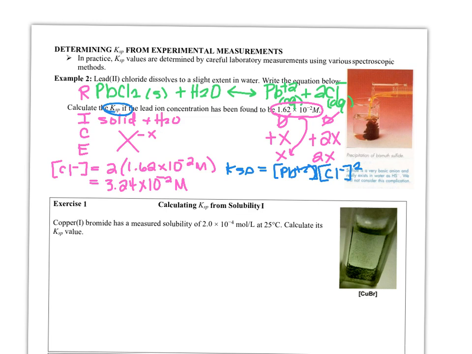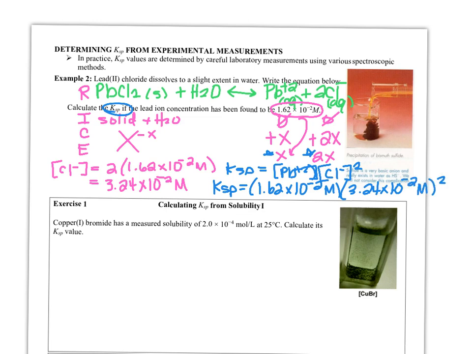Once we have these equilibrium quantities, we're just plugging in. So Ksp is going to equal 1.62 times 10 to the negative 2 molar, and then we're going to multiply that by 3.24 times 10 to the negative 2 molar, and we're going to square that because that's important.